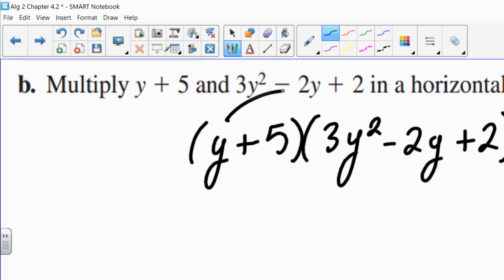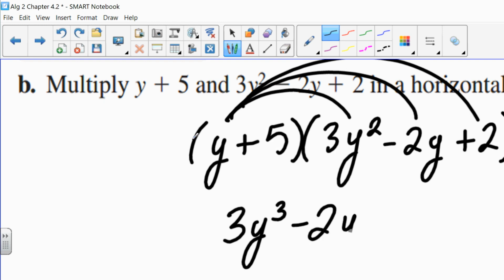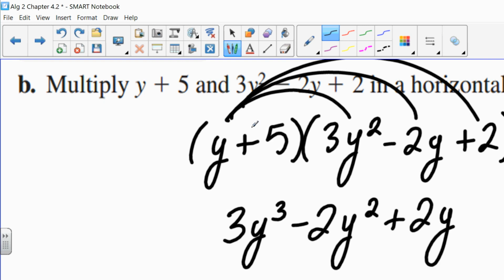Well, the first thing I'm going to do is multiply through by y. y times 3y squared is 3y cubed. y times negative 2y is negative 2y squared. And y times 2 is plus 2y. So we just distribute the y. We multiplied each of the terms in the second set of parentheses by y.